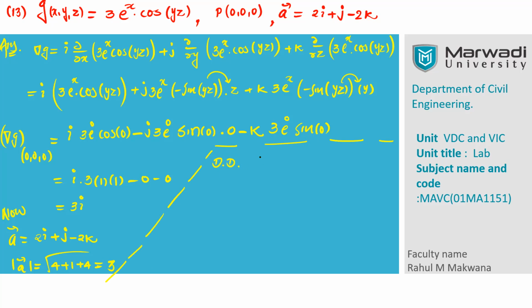So directional derivative is nabla g dot vector divided by its magnitude. So nabla g is 3i, the vector is 2i plus j minus 2k divided by 3. So just multiply the coefficients of i, 3 with 2 by 3, and hence we have 2 only.